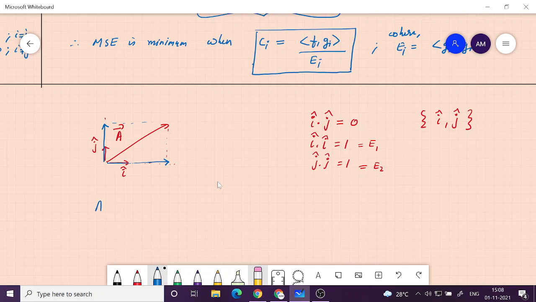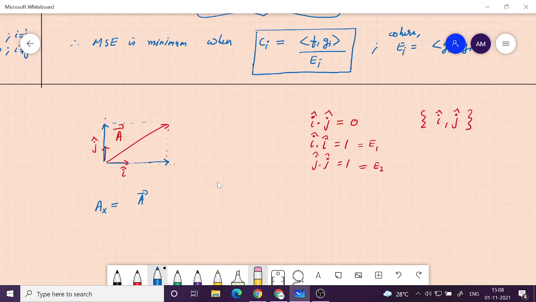So the question is, what is the best coefficient? So that is ax. According to our rule, it is the given function inner product. In the case of vector, we will use dot product, not inner product. So ax is basically vector a.